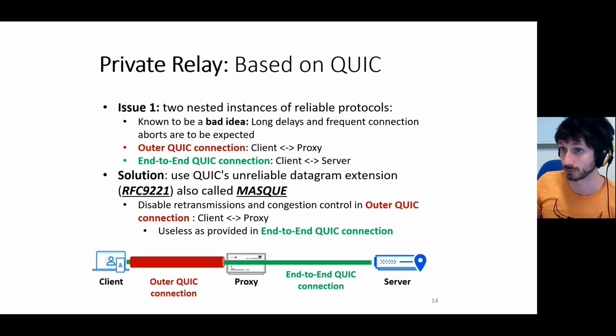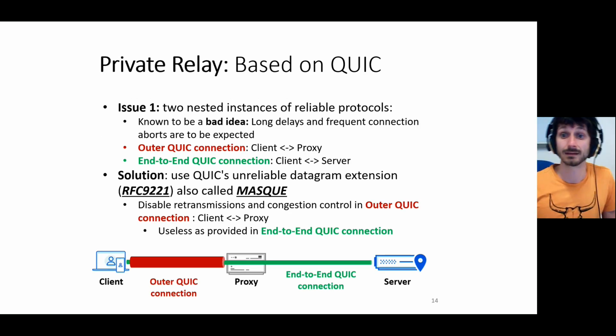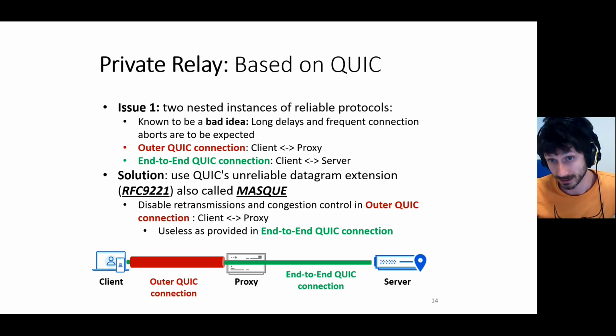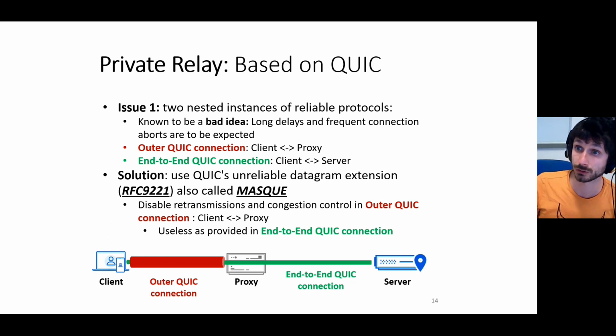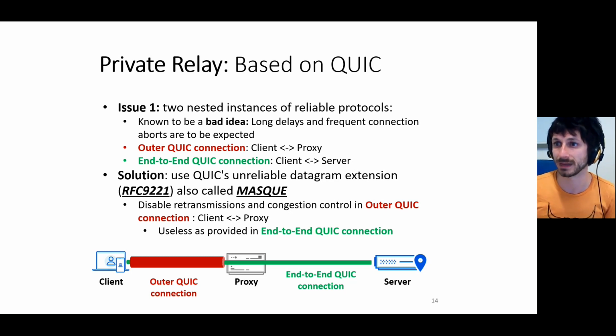Now, let's go back to issue 1. As I said, having two nested instances of a reliable protocol is a bad idea because you expect long delays and frequent connection aborts. So the solution is to modify QUIC using this new RFC, also called MASK, in which you can use QUIC disabling the reliability.